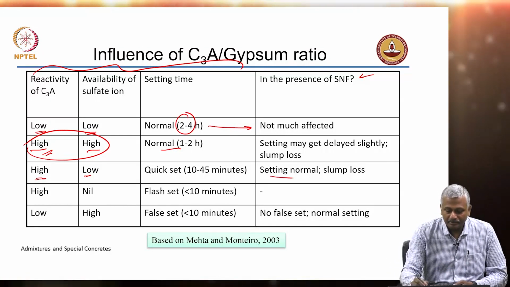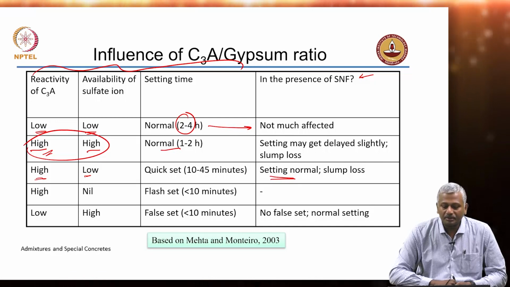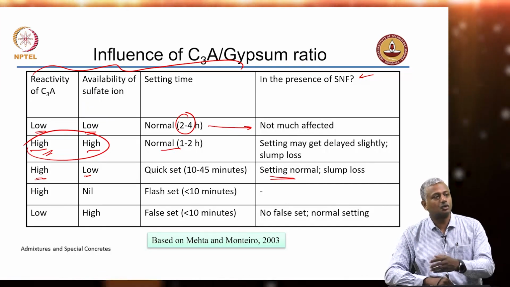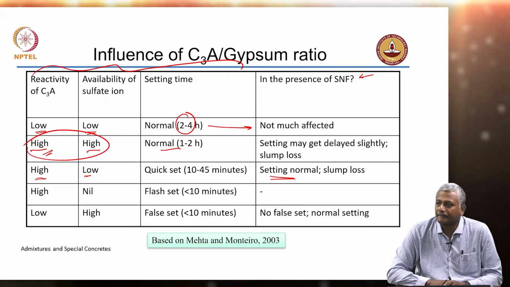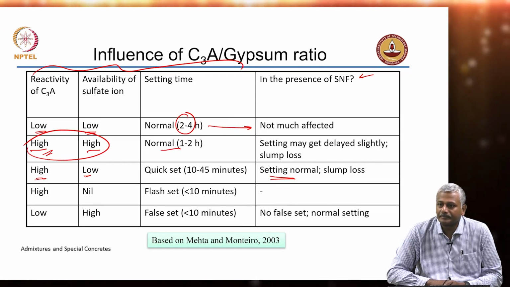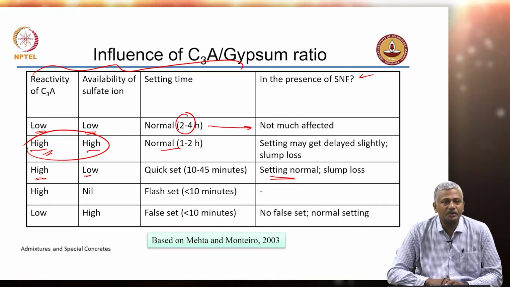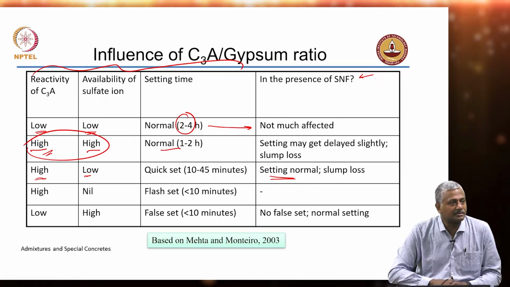Well, why should the presence of SNF convert it from a quick set to a normal set? Why do I say that setting becomes normal in this case?